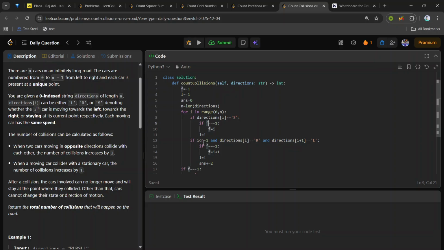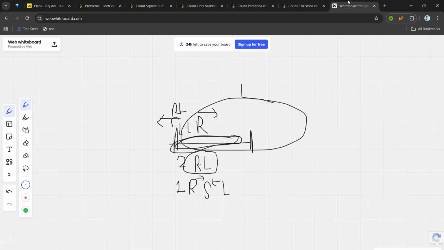Now suppose I is less than n minus 1 and it is an RL combination; then a collision will occur, so we increase our answer by 2. For the first position, we store I plus 1, since R is at position I and L is at I plus 1. All the L's to the right of this RL will be part of our answer.